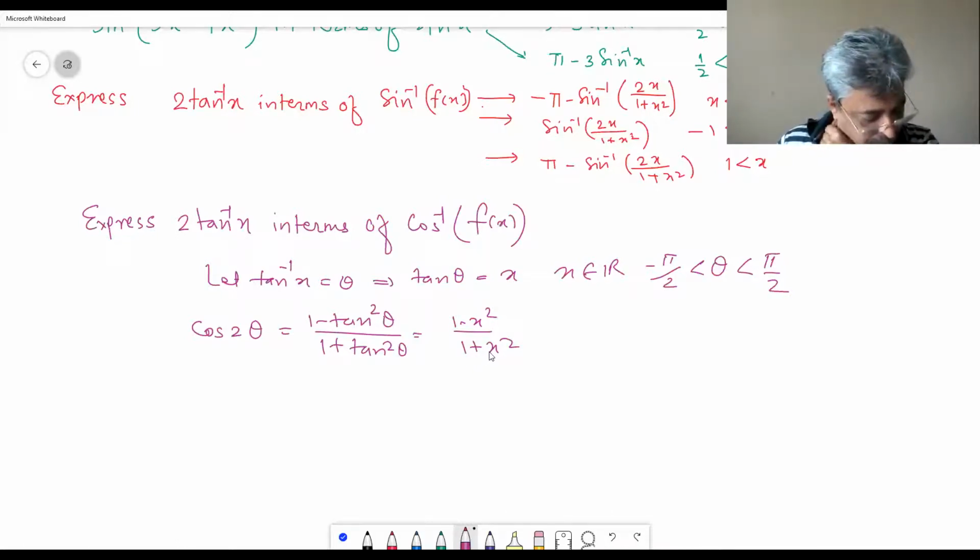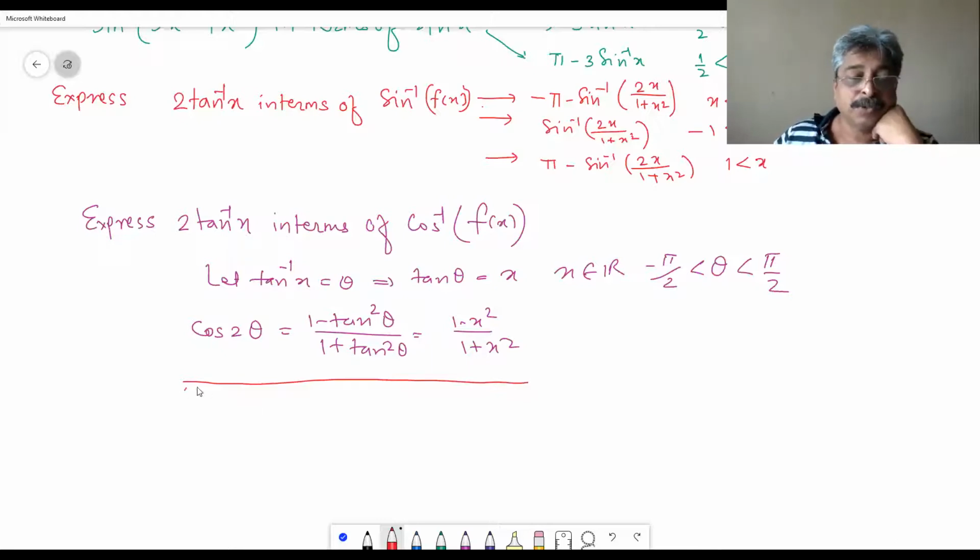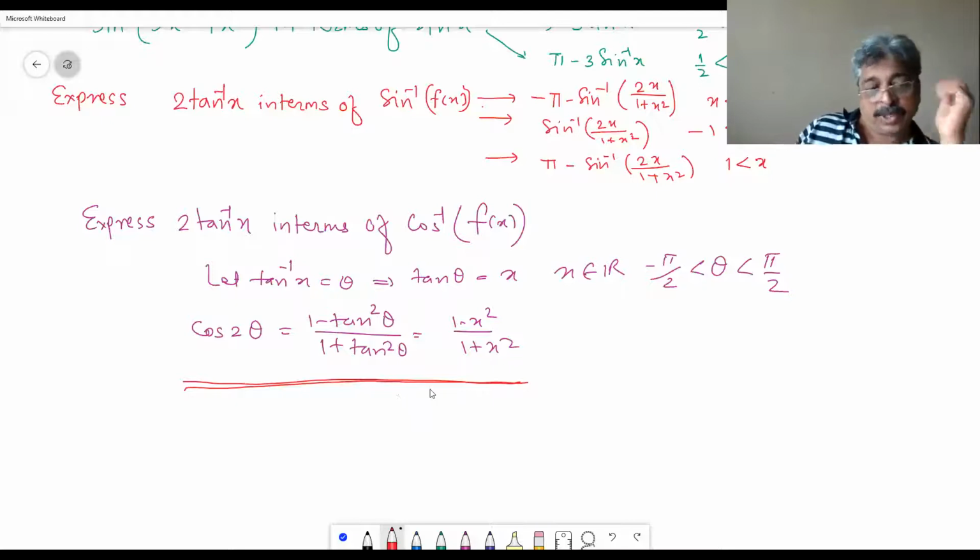Correct, no? Okay, so how do we go about it now? Because now from here, if I want to take cos inverse, then I have to consider a safe case and I have to consider the unsafe case.